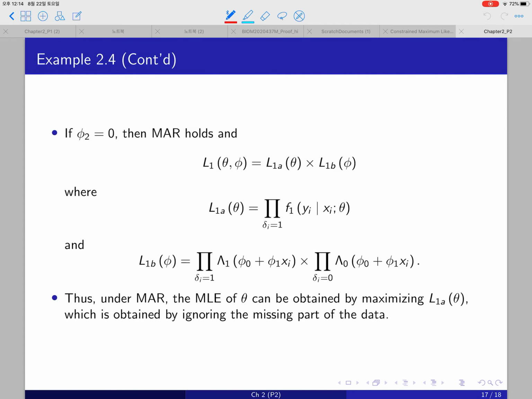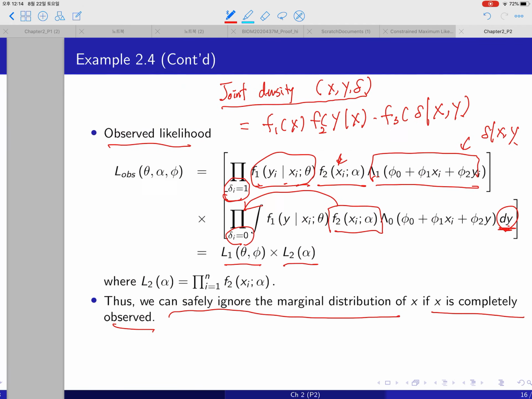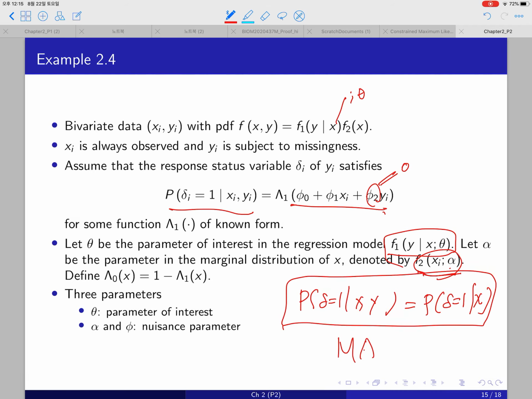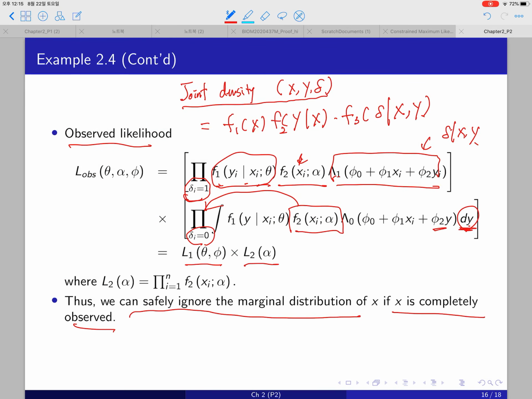If phi2 is 0, that means delta given x and y does not depend on y. That's exactly missing at random. So now this part is 0, which means it is independent of y, so it can go outside again.